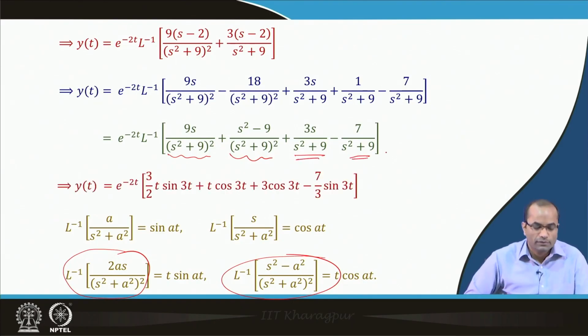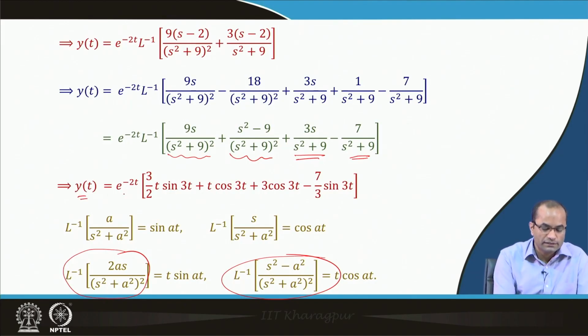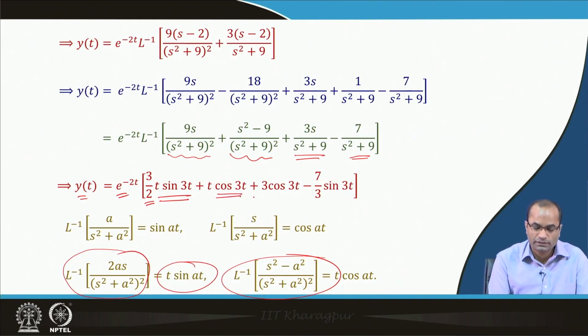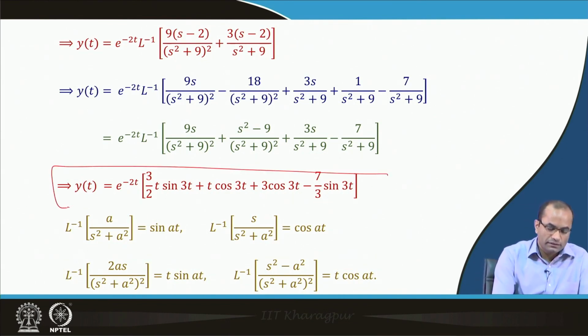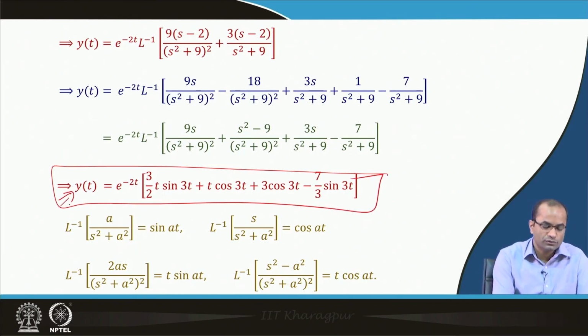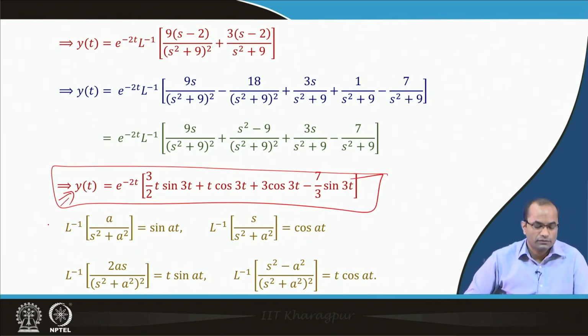So, taking this inverse Laplace transform, what we get is y(t) equal to e power minus 2t, then we have here 3/2 t sin t because of this, then we have here t cos t because of this formula, and then 3 cos t, and then minus 7/3 to just compensate to have 3 in the denominator. So, we have this sin t. So, this is the inverse Laplace transform and the solution of the given integro-differential equation.